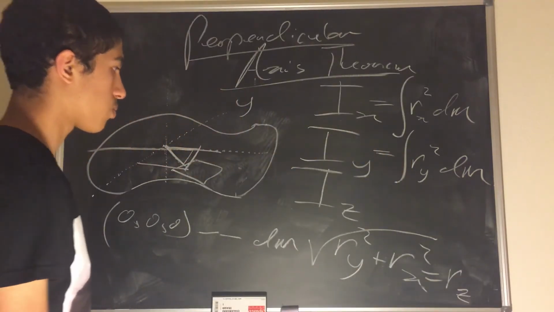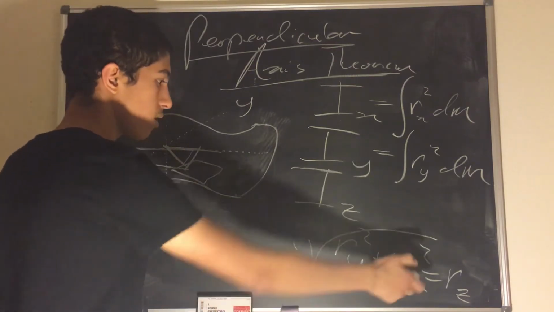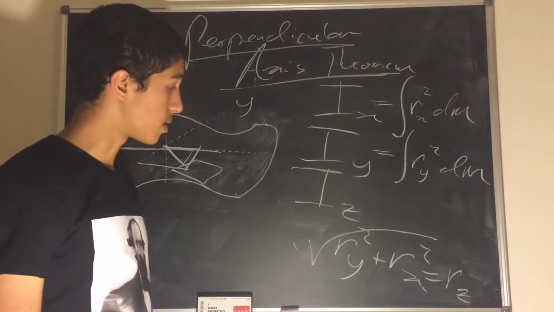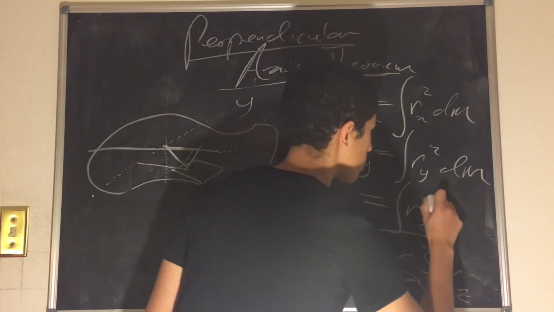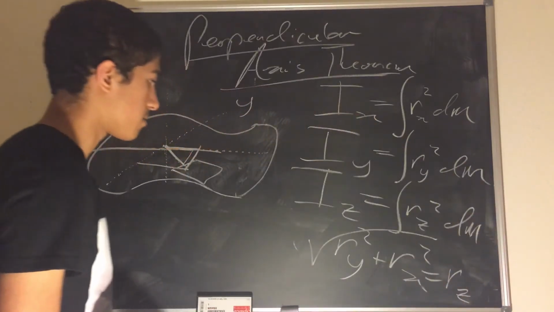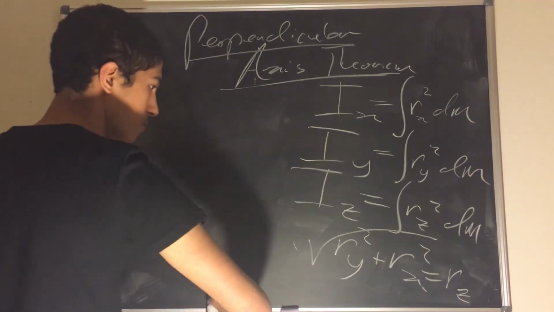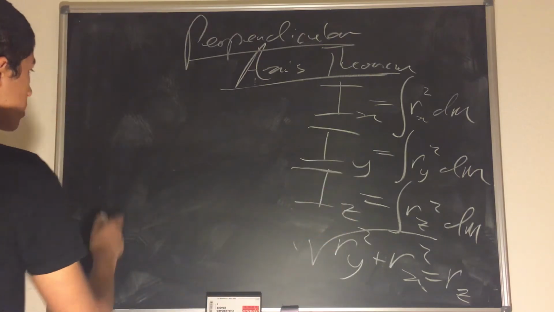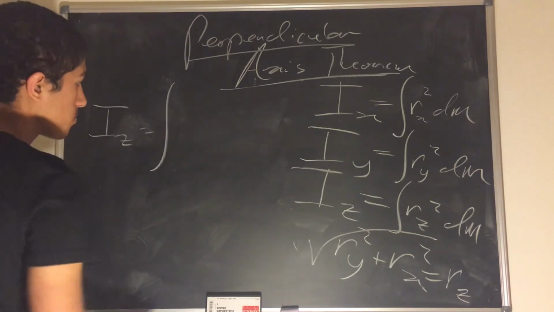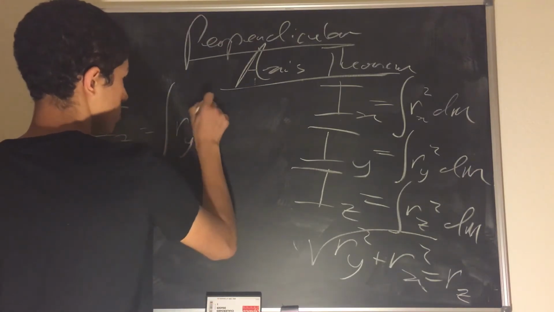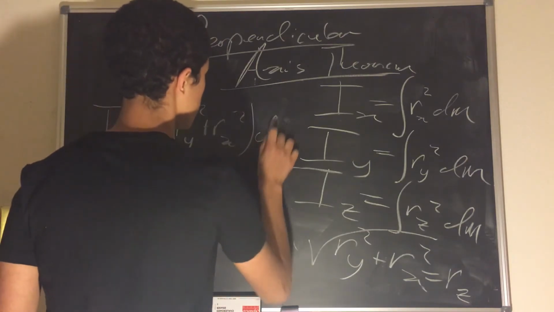So then, when we plug this definition of rz into our moment of inertia, we have the integral of rz squared dm is the moment of inertia about z. Let's expand rz squared. We have Iz is equal to the integral of ry squared plus rx squared times dm.